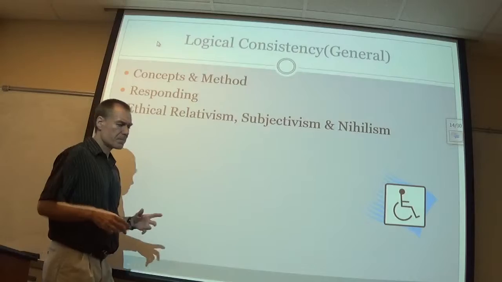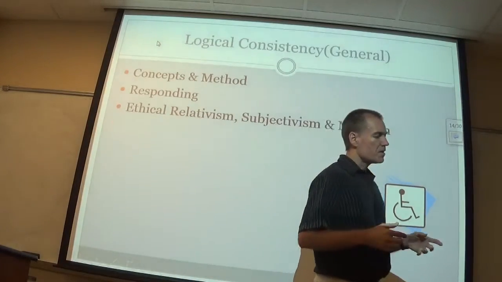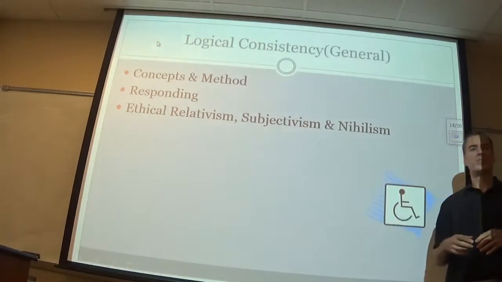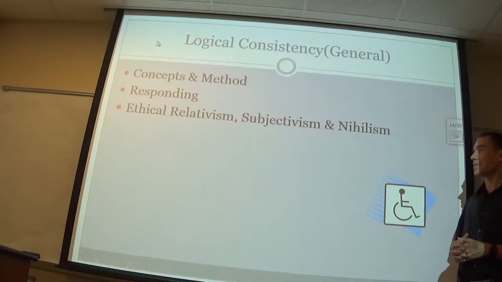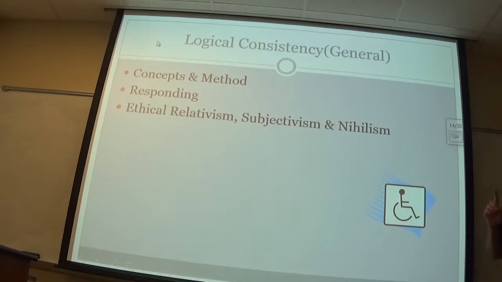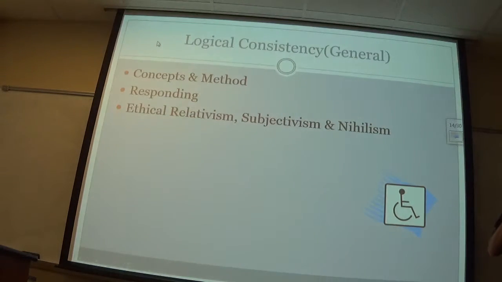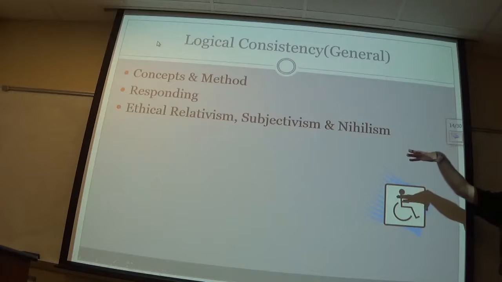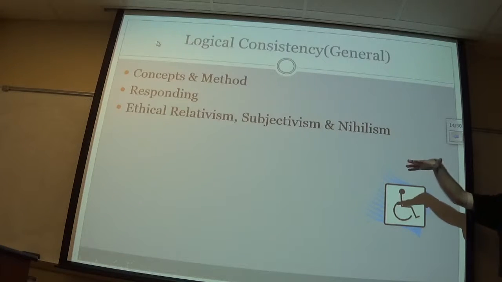A second response, which actually is a defense, is doing what's known as dissolving the inconsistency. The idea is to show that although the things seem inconsistent, they actually can be reconciled. For example, again, the person's claims are, the one principle is all people should be treated equally. The second is some people are entitled to special treatment.